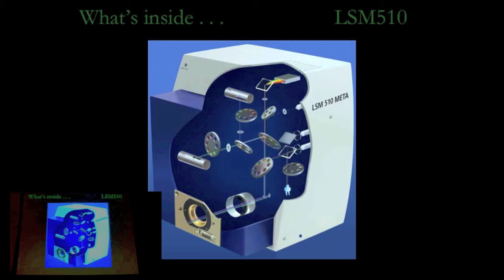So that's a schematic, and now here's the guts of a Zeiss scan head, so you can see all the parts. I'm just going to walk through this light path from start to finish, and we'll talk about the various controls that you'd have in the confocal software to adjust what it is you're seeing.